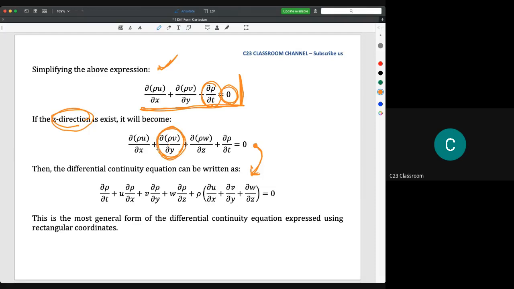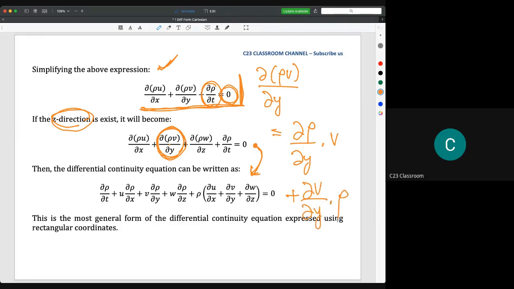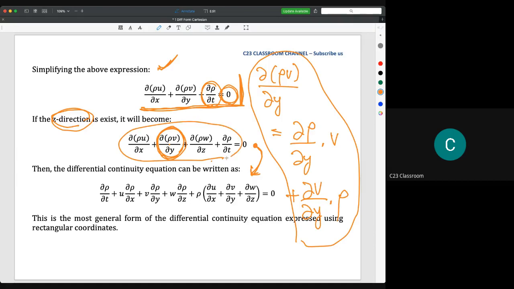As I said previously, del rho v over del y can be written as del rho over del y with the velocity fixed, plus del v over del y with rho fixed. By using this idea, you need to expand all these terms and then you could rearrange them into this one.